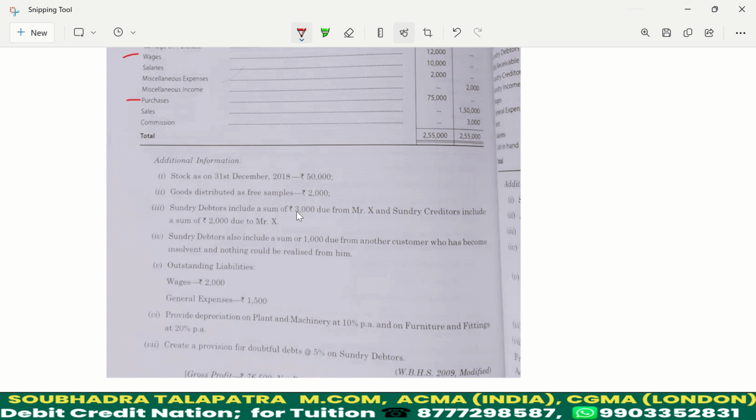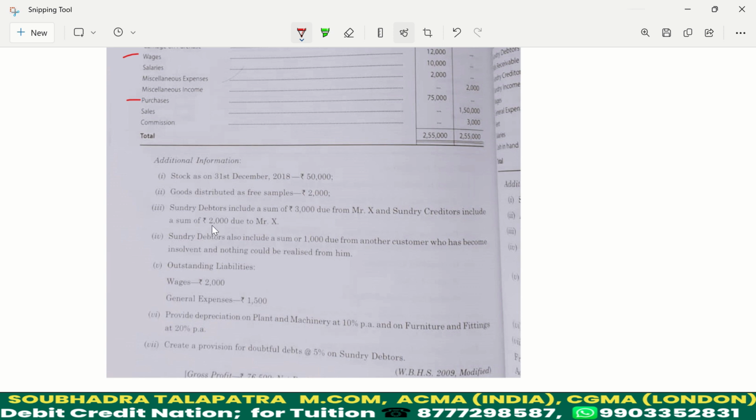I have to collect 3000 and X needs to collect 2000, so 2000 is common. Out of these two items, whichever is the least amount is common. If I remove the 2000, then net to net I need to collect 1000 from X, right? Because I will collect 3000 from X, then I will pay 2000 to X. Without doing both transactions, if I collect 1000 from X, then it is fine.